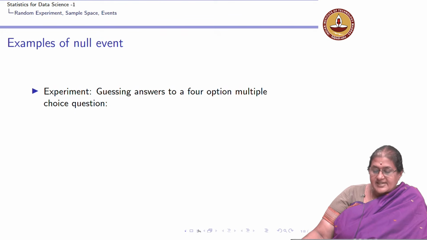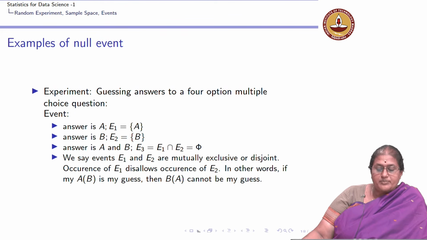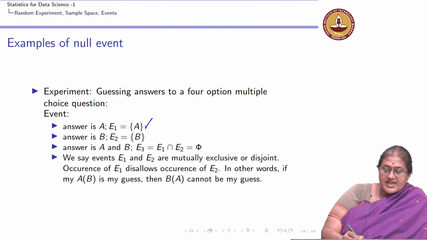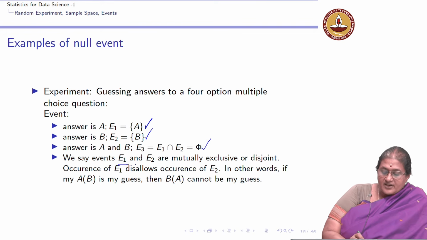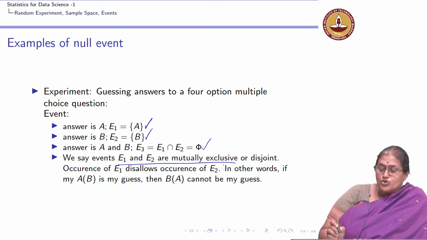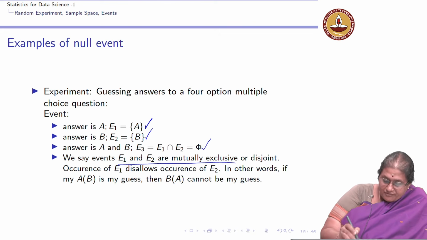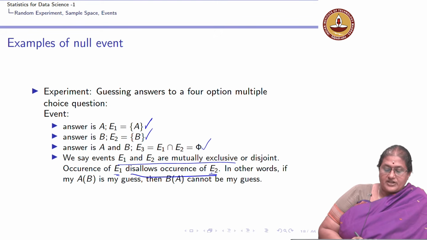So, suppose I am guessing an answer to a 4 option multiple choice question. If E1 is A and E2 is B, E3, which is E1 intersection E2, is a null set. E1 and E2 are mutually exclusive. The occurrence of A disallows the occurrence of E2.